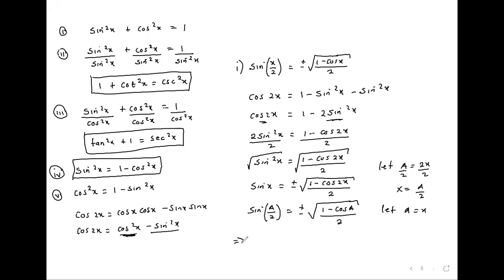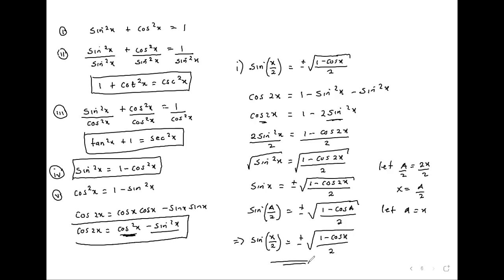So you're going to have your expression in the form sine x over 2 is equal to plus or minus the root of 1 minus cos x over 2, which is I. Using this very identity, if you change where there is sine here, you use cos, you find the half angle formula for cos. Same procedure. Very, very important.